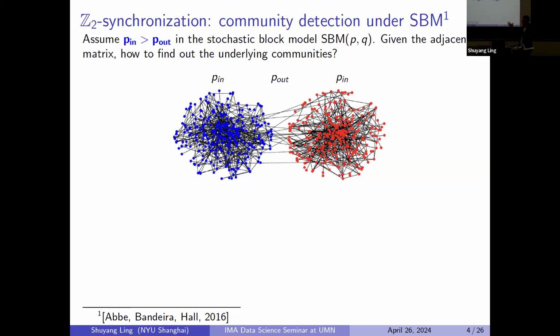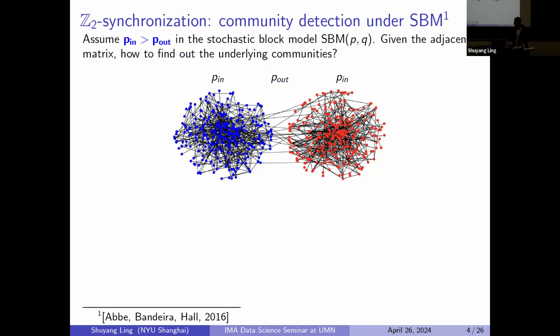You have a graph of n nodes, and a planted ground truth. For example, half of the nodes are in group 1, the other half in group -1. Then I draw a random graph based on it. If two nodes belong to the same community, I assign a higher probability of an edge, say probability P in, and between communities it's P out.